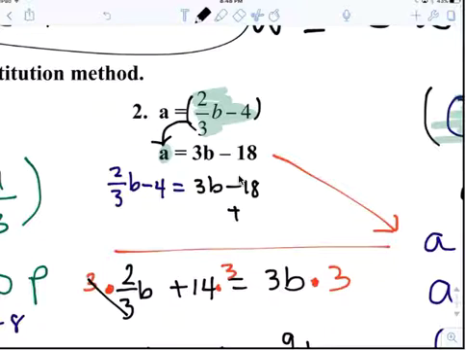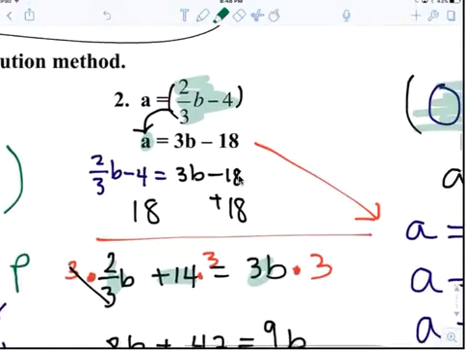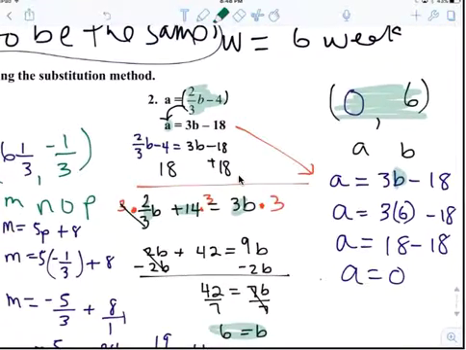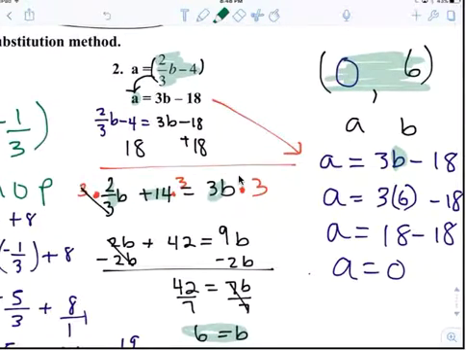I add 18. Add 18. Therefore, I got the 14 here, and then I multiply all by 3, because the least common denominator is 3. You get all that, you solve it, you get 6, okay, at the end.